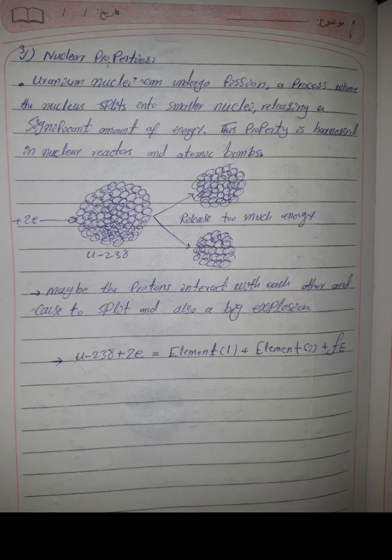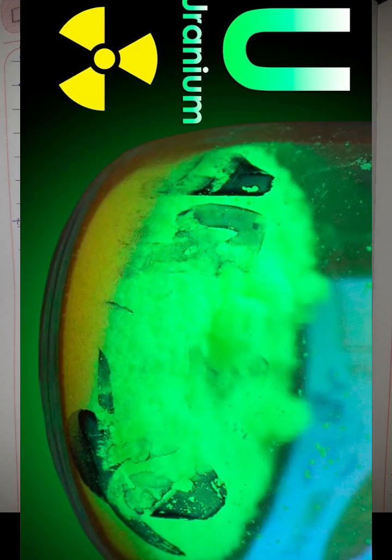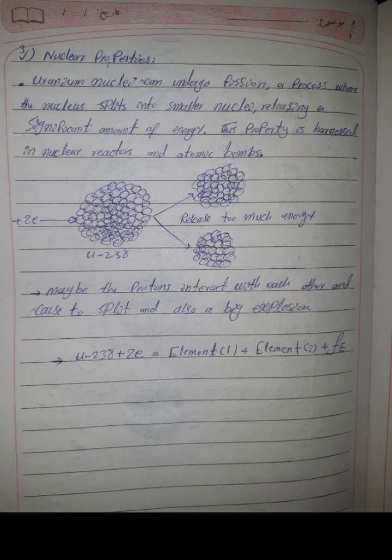So you see here, these are the quarks that appear. These quarks interact with each other and decay. So this is the reason that it changes into either uranium-235 or plutonium-239. How to plutonium-239?